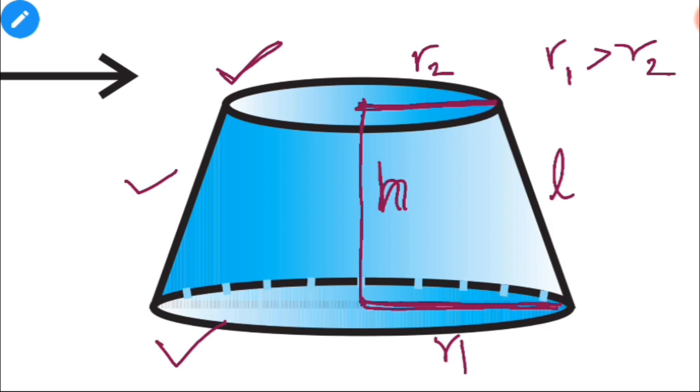The base is a big circle and the top is a small circle, so the radius of the big circle will be greater than the radius of the smaller circle. So R1 means the radius of the bigger face, and R2 is the radius of the smaller face.